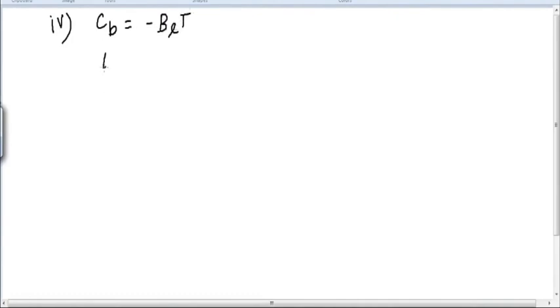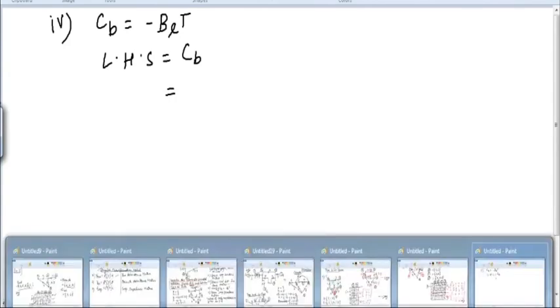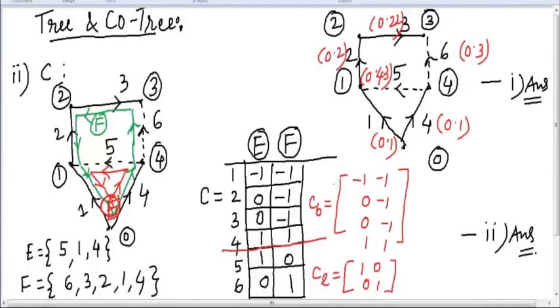So let us write first CB. LHS is equal to CB. So what is CB? We have already solved this previously. So this is CB: minus 1 minus 1, 0 minus 1, minus 1. So this we will write here.